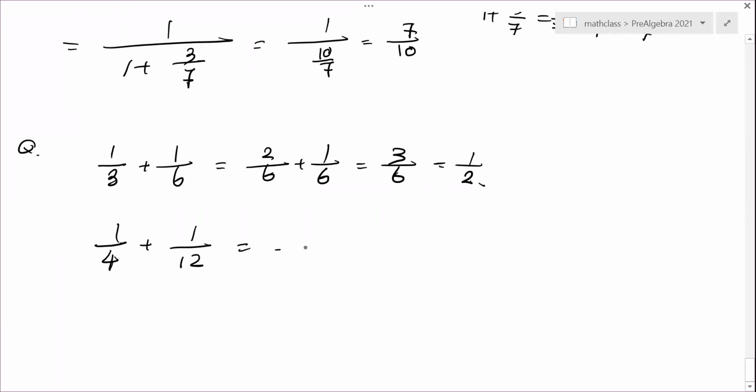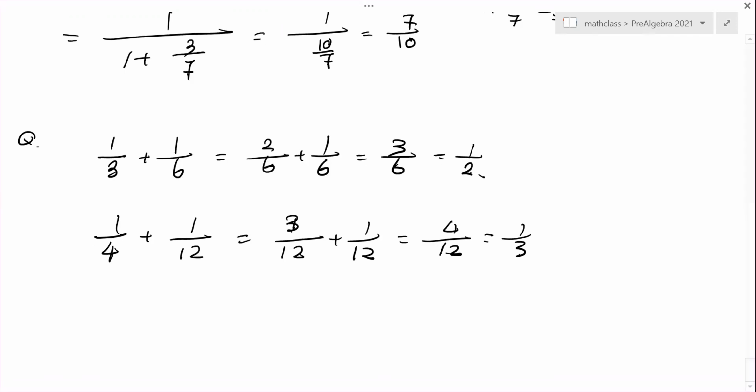And 4 is going to be 1 multiplied by 3, so it's going to be 3/12, right? So that will be 4/12. 4/12 is going to be 1/3. So 1/3 can be expressed as a sum of the two reciprocals of the integers.